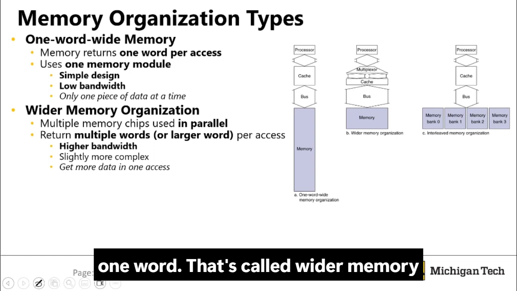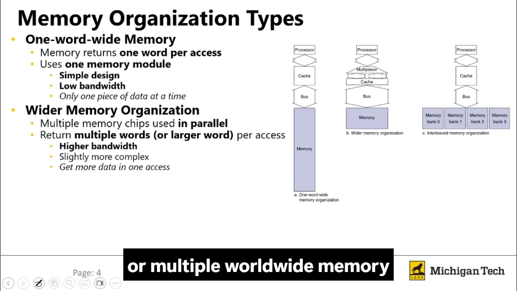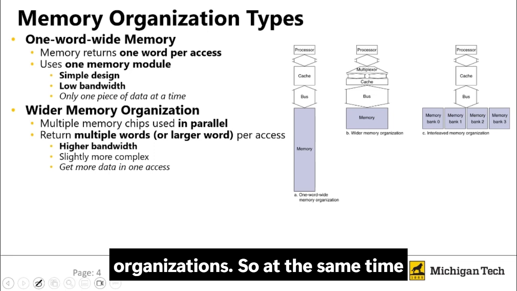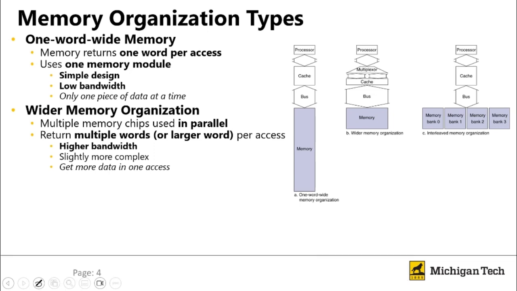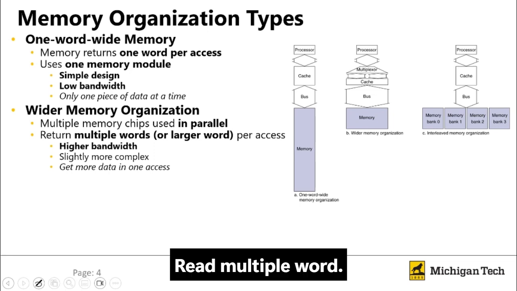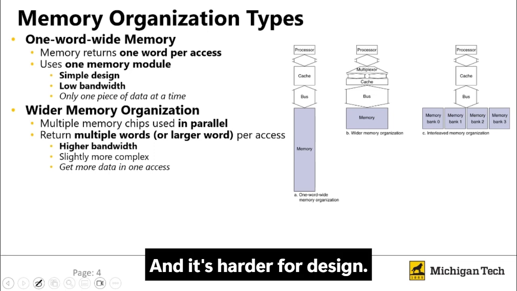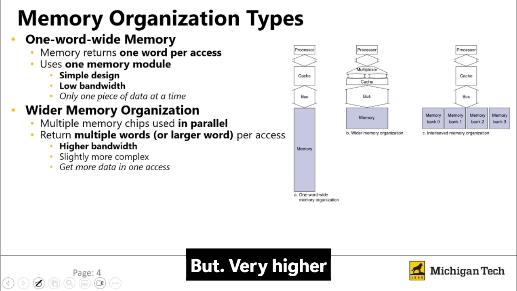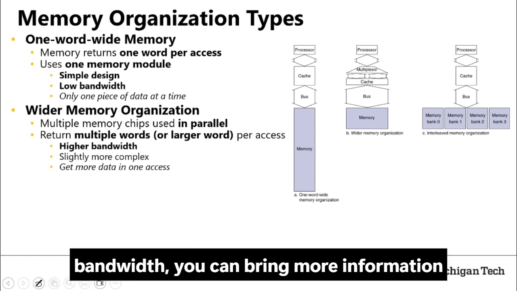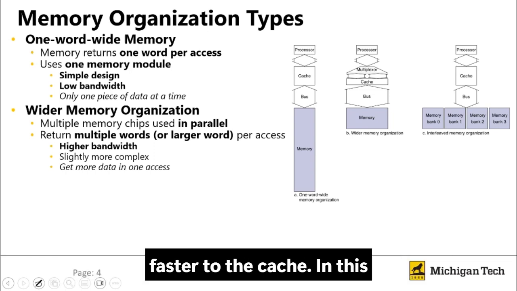That's called wider memory or multiple word wide memory organization. It's harder to design, but has much higher bandwidth. You can bring more information faster to the cache.